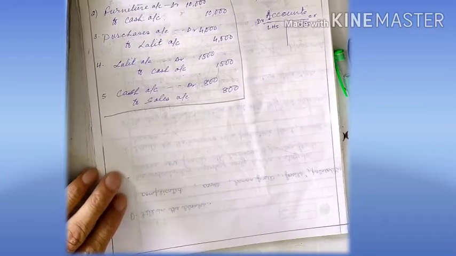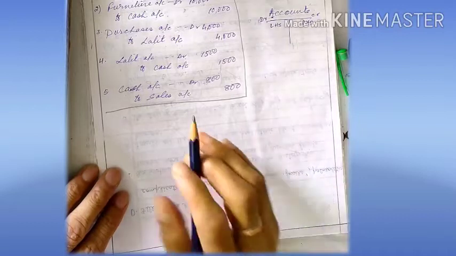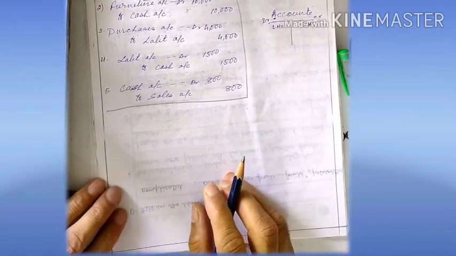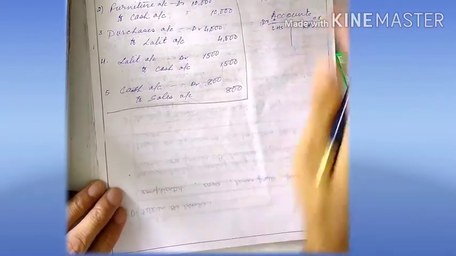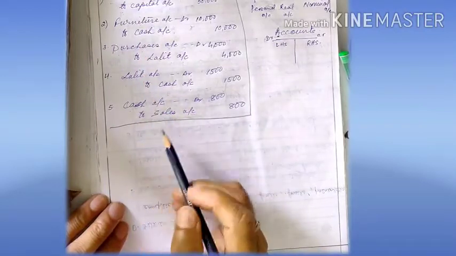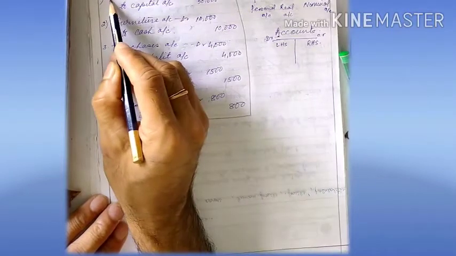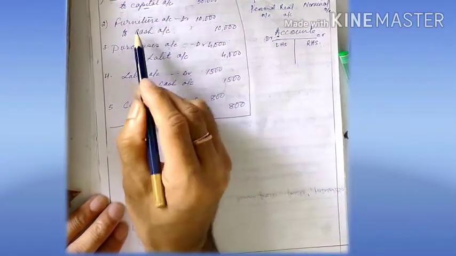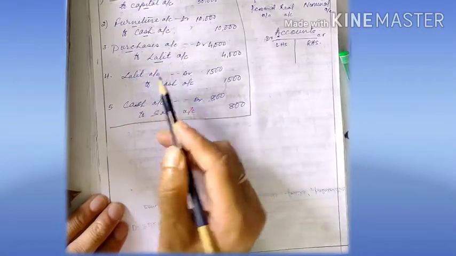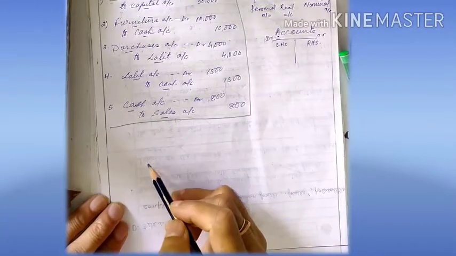These are just an example taken to show you how to prepare ledger. Now, as I have already given you the ledger format, I'll just prepare the ledgers in rough. Just understand the procedure of preparing a ledger. Now the ledgers will be prepared for each of these accounts mentioned in the journal, but no repetition of the accounts, okay? You have cash account, capital account, furniture account, cash account, purchases, Lalit account, cash account, and sales account.